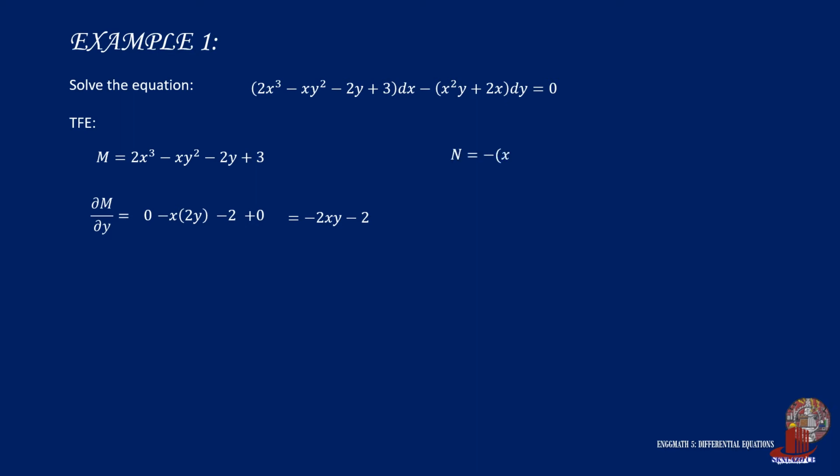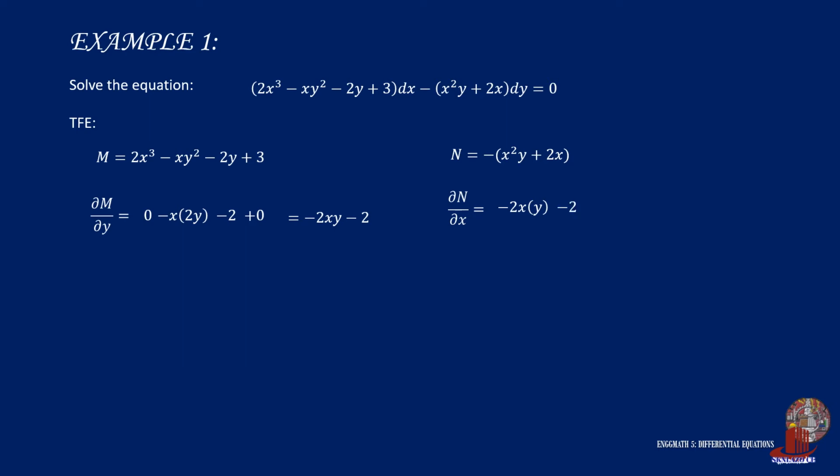For the next term, we denote N as negative of the quantity x squared y plus 2x. Take note that the sign prior to the function is included. Again, take the partial derivative of N, and this time it is with respect to x. So the first term is negative x squared y, the derivative of x squared is 2x, and y will remain as y since it is considered a constant.